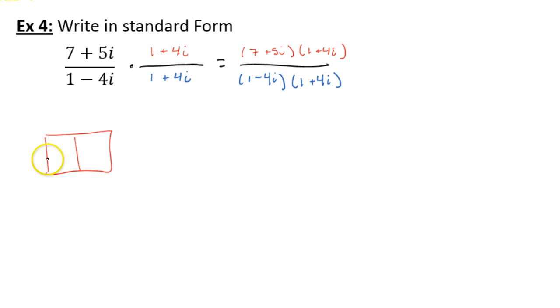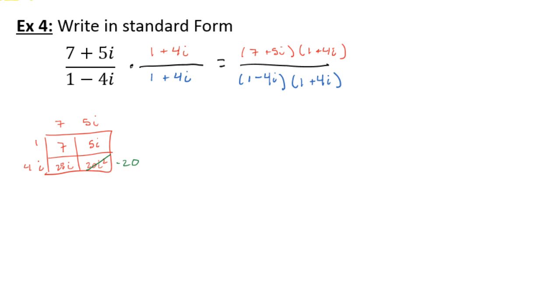So if I use my box method, on top I'll have 7 plus my 5i, and on the side I'll have 1 and 4i. When I multiply these out, we get 7, we get 5i, we get 28i, and then we get 20i squared. Well, remember that my i squared is just negative 1, so really this value is negative 20.